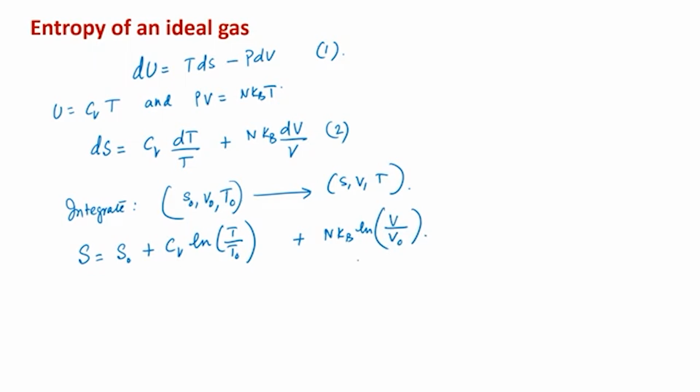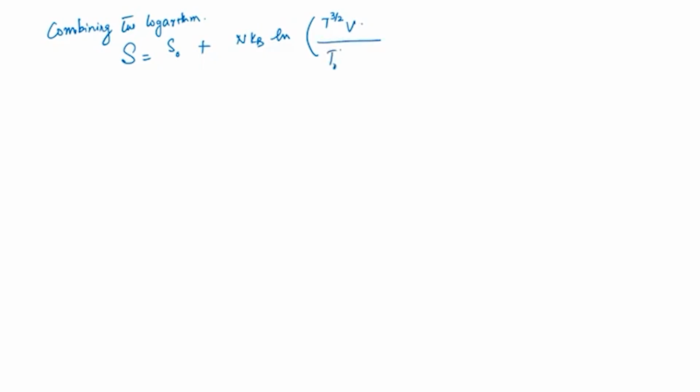And we are allowed to club these two logarithms because you know that log A plus log B is equal to log AB. So, combining the logarithm, S equal to S0 plus nk log of T to the power 3 by 2 into V over T0 to the power 3 by 2 into V0, and that is the entropy of a classical ideal gas.